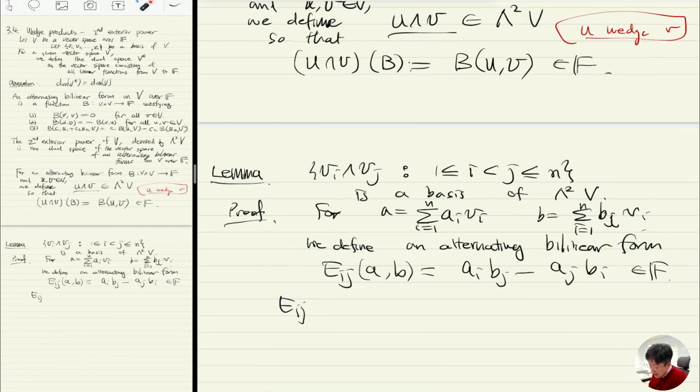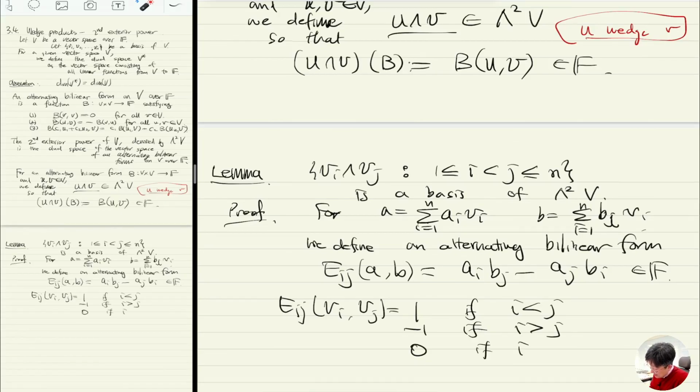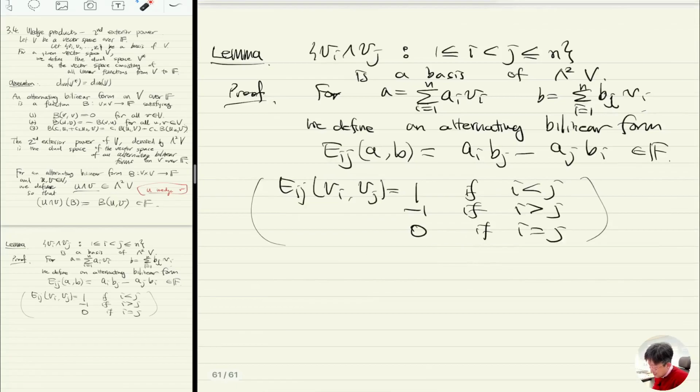So E_ij, if I put V_i and V_j, that's going to be 1 if i is less than j, minus 1 if i is bigger than j, and 0 if i is equal to j, right?